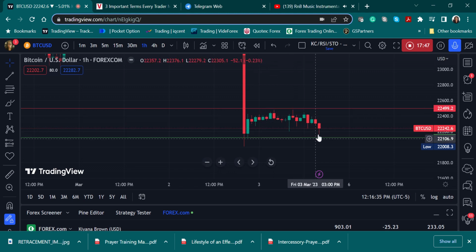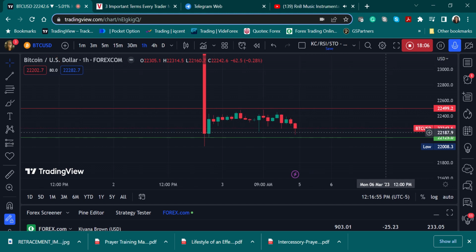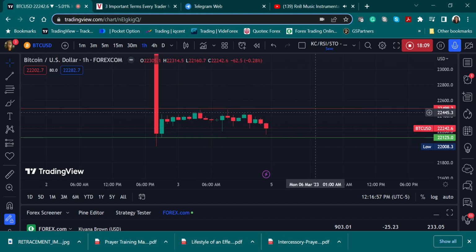So price is just touching our resistance and our support level within this price range. That's why we say within this price range from $22,499.20 to $22,125 is our trading area. This is our range. Okay?